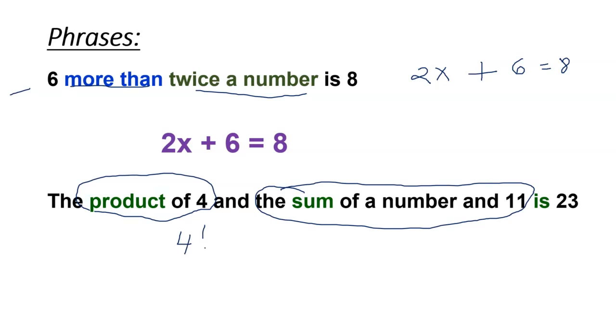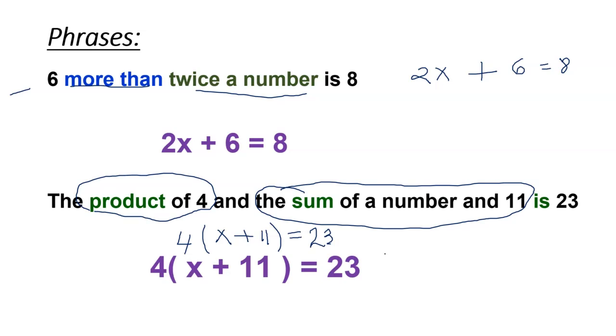So I'm going to write 4 times the sum of a number and 11, x plus 11, and that equals 23. So it's very important you use a parenthesis here. One more time, I showed you 4 times, now inside the parenthesis, if somebody writes 4 times 11 plus x equals 23, that will still be correct. Hopefully this video helps you with the phrases.